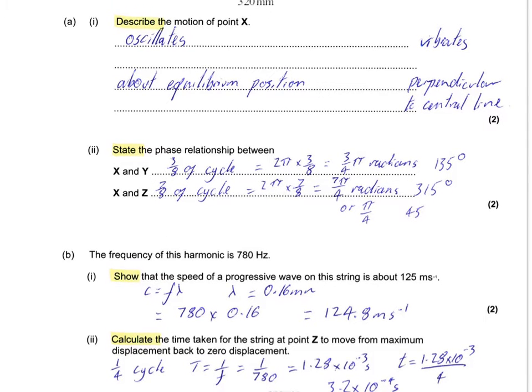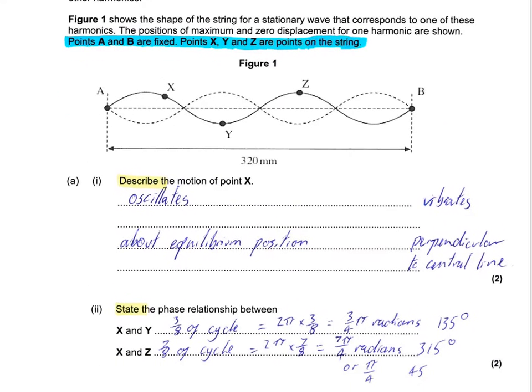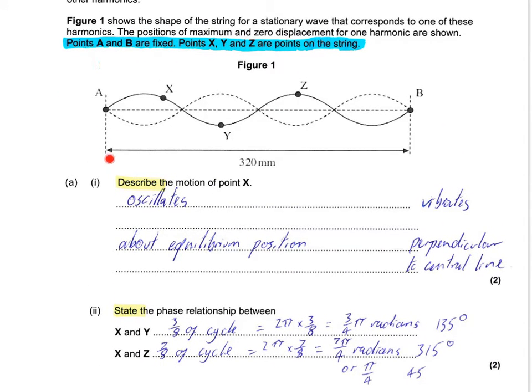We're given the frequency of the harmonic, show the speed is 125. Now that word show is very, very important, because it means that I can't just give the answer, I have to explain what's going on as well. If I look back at the diagram, I can see very quickly that one wavelength would be from there to there. There's another wavelength from that midpoint to the end.